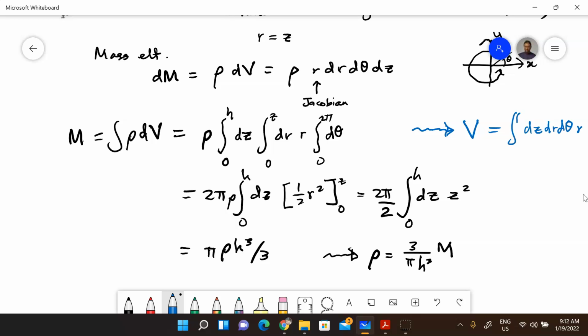So there's a triple integral here. The calculation is just the same, without the rho there. That will give you pi h cubed over 3.